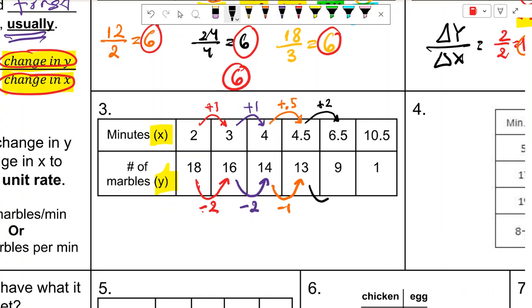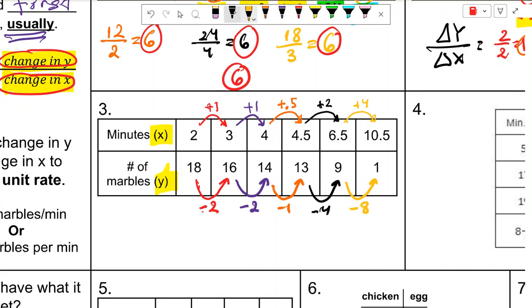And the difference between 13 to 9 is negative 4. And finally, the last one, the difference between 6 and 5/10 to 10 and 5/10 is plus 4, or positive 4. And the difference between 9 and 1 is negative 8.